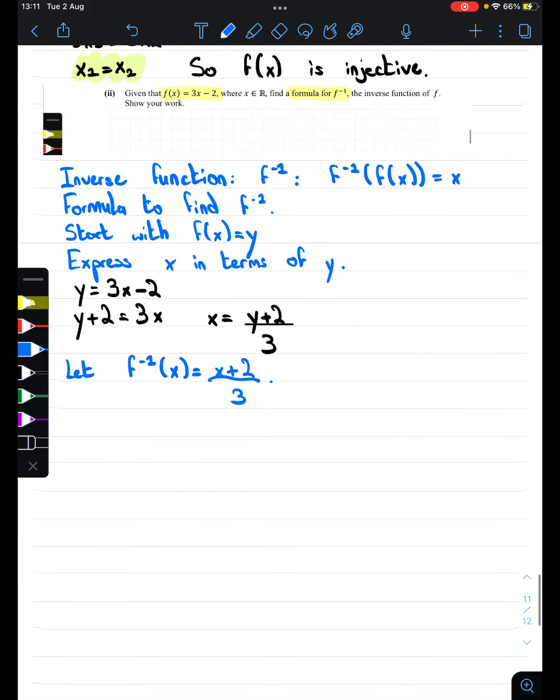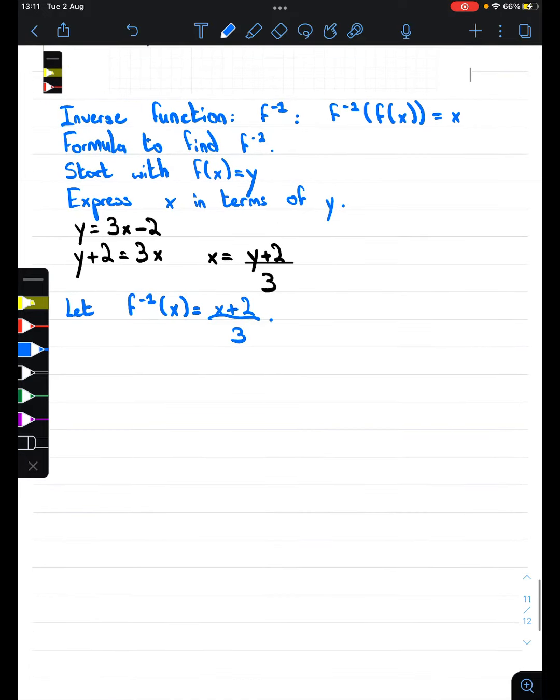Now this might seem like a bit of a weird formula, but let's just try it out and see if it works. So f inverse of f of x, well, f of x is 3x minus 2, so that would be f inverse of 3x minus 2.